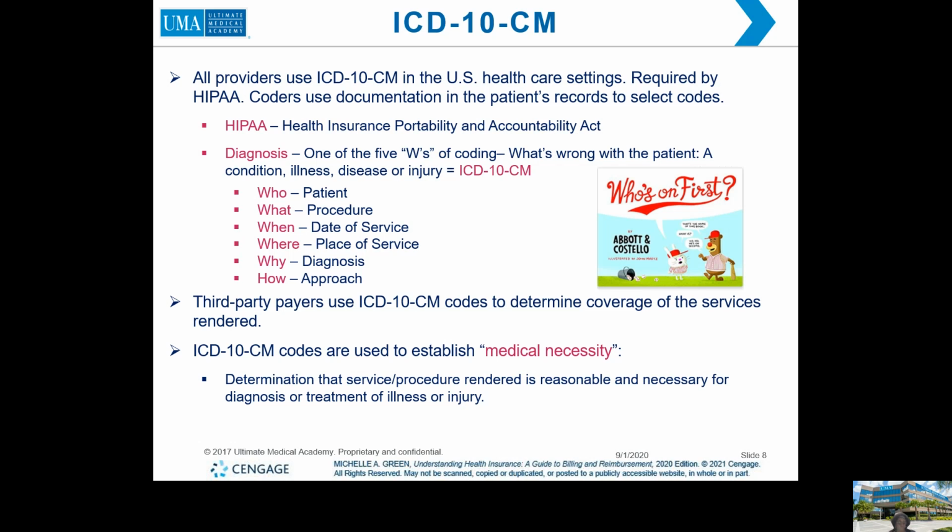Third-party payers, remember this, you HCAers. Third-party payers use the CM codes to determine the coverage of the services that the physician or the provider renders. So it's not so much reimbursement, it's coverage, okay?